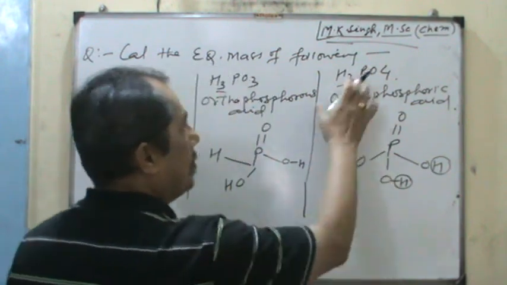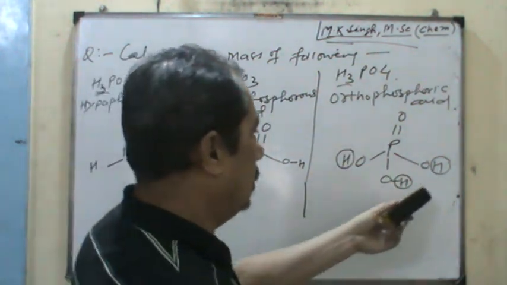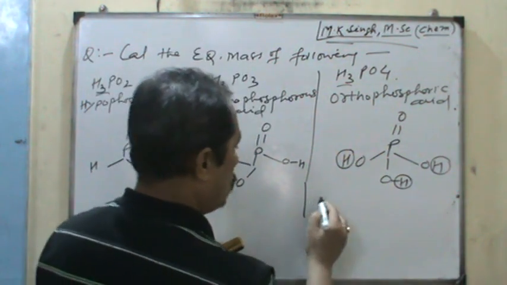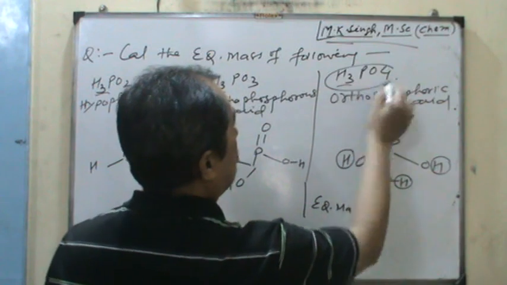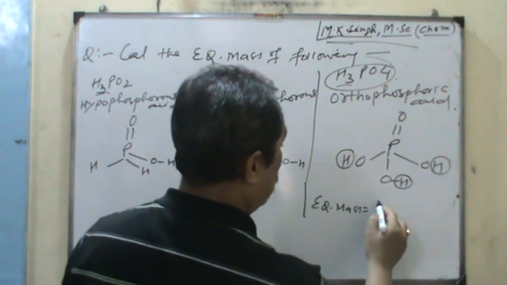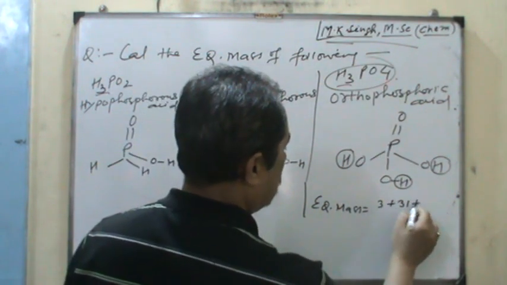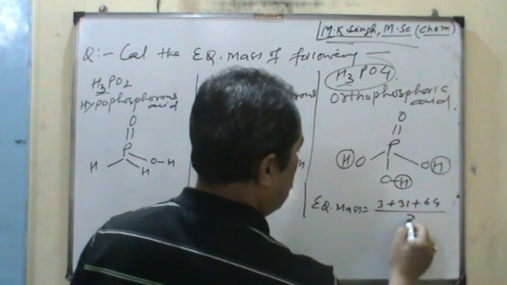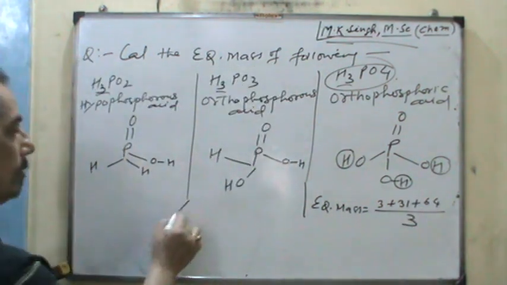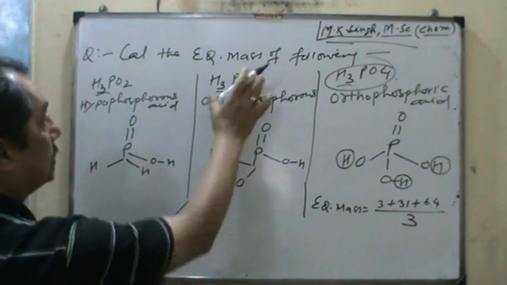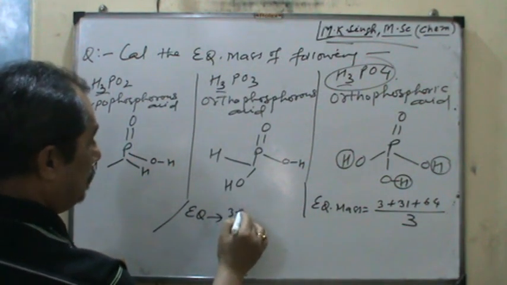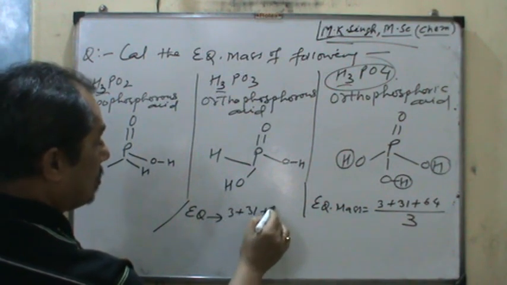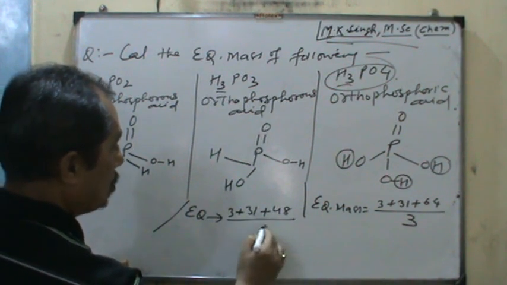calculated by taking molar mass upon displaceable hydrogen. So far as equivalent mass is concerned, what is the molar mass of H3PO4? 3 plus 31 plus 64 divided by 3. Whatever the equivalent mass of this compound, 3 plus 31 plus 48 divided by how much here? 2.